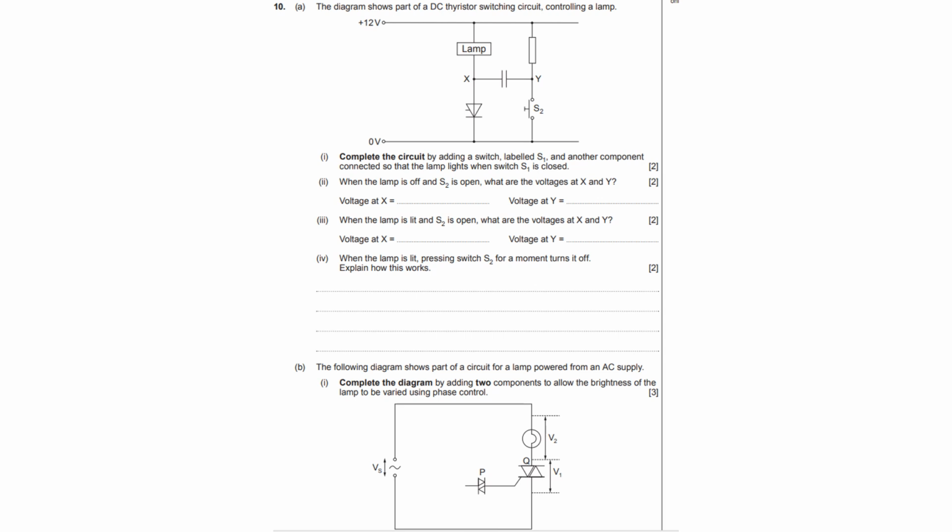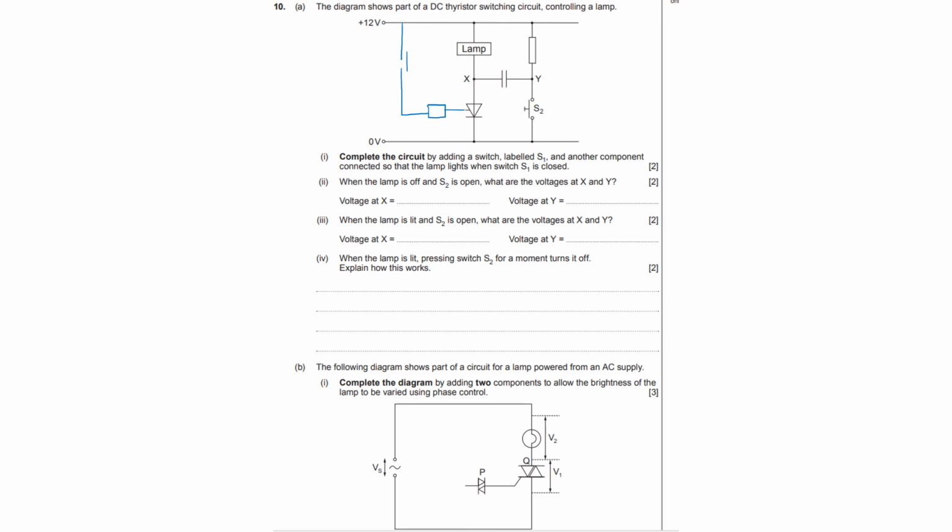Thyristor. Complete the circuit by adding a switch and another component. Okay, so it always starts from here, doesn't it? I'll just get a pen. So we need a switch, and what's the other component we always put for the switch? Okay, so that's that one.